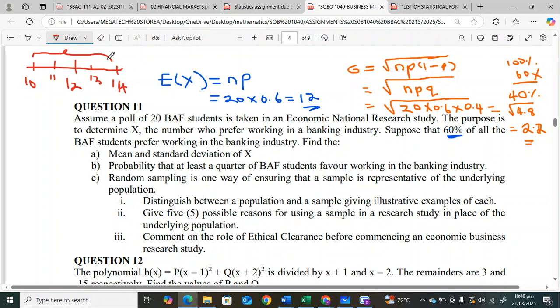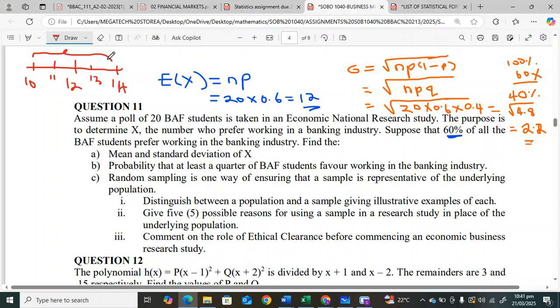The next time you might find 10 students, and maybe the next time 14. So the standard deviation just gives us a range of where we expect to find our average if we conduct this test multiple times.